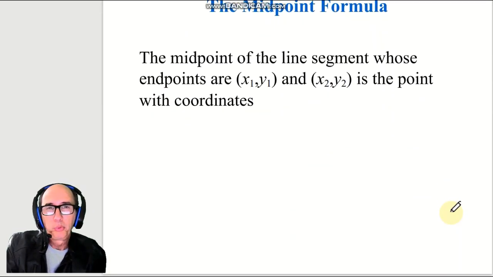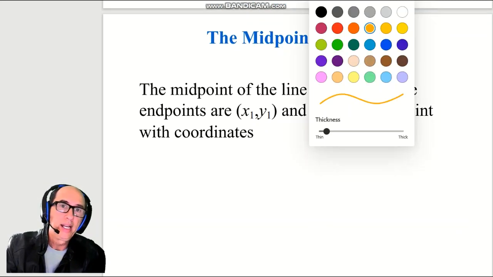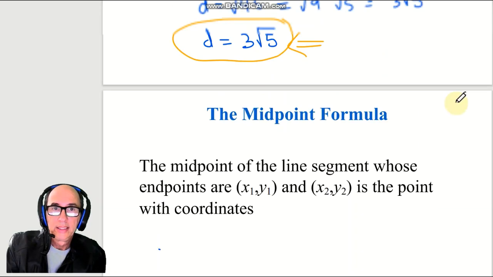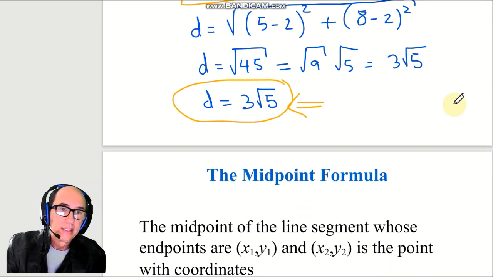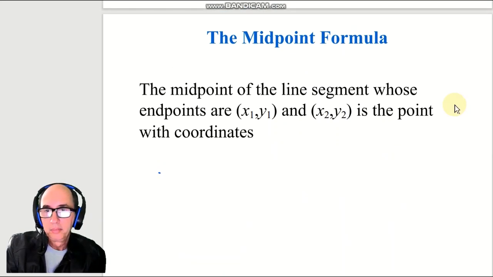The midpoint is just because we're talking about distance; the midpoint formula doesn't have anything to do with radicals. Since we're talking here about the distance, another thing we can also find is the midpoint. The coordinates of the midpoint are given by another formula.